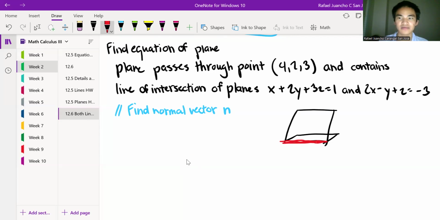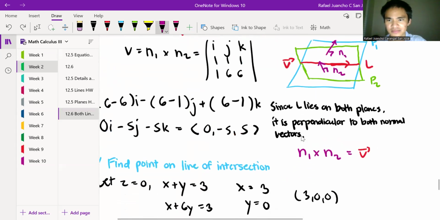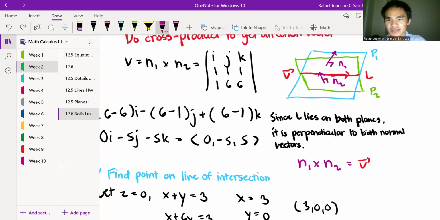We want to get the normal vectors of these two planes, from what we previously discussed: if L lies on both planes, it is perpendicular to both normal vectors. That's the idea that we want to use.